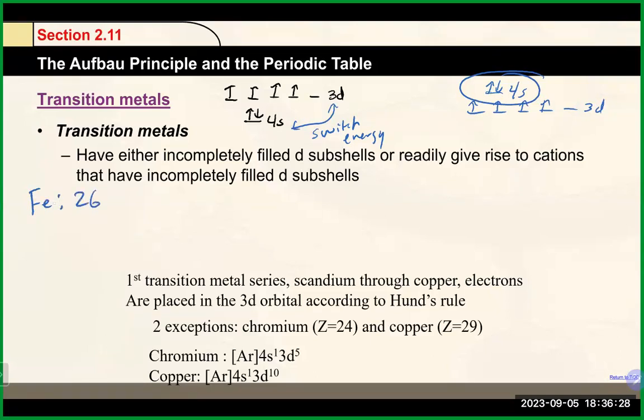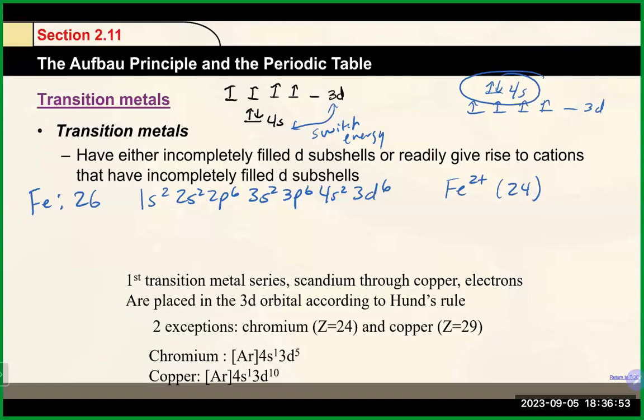I think still, right? And we did our electron configuration of 1s2, 2s2, 2p6, 3s2, 3p6, 4s2, and 3d6 in this case. Now, iron, if it was to make a +2 charge, it would then have 24 electrons.